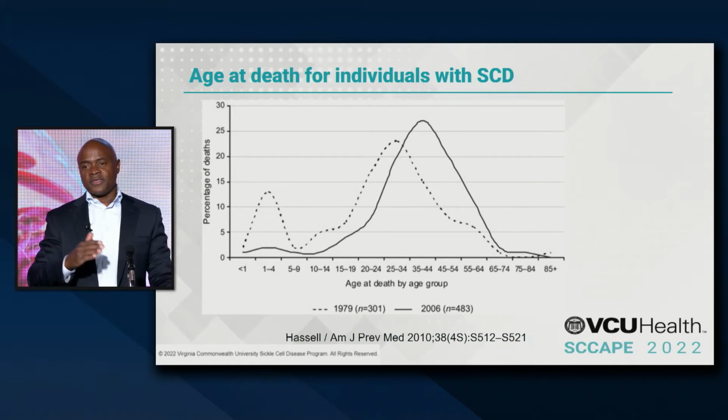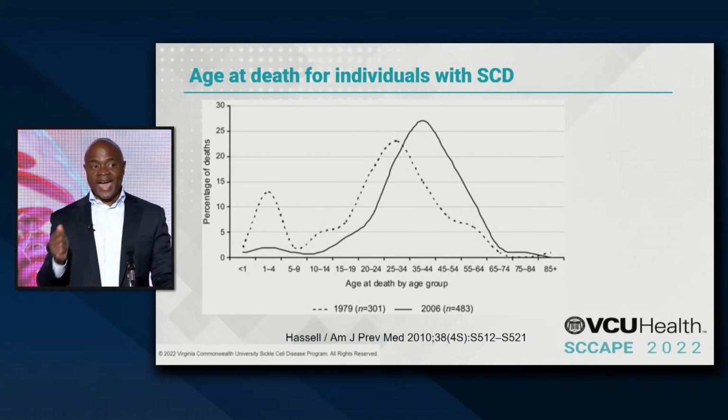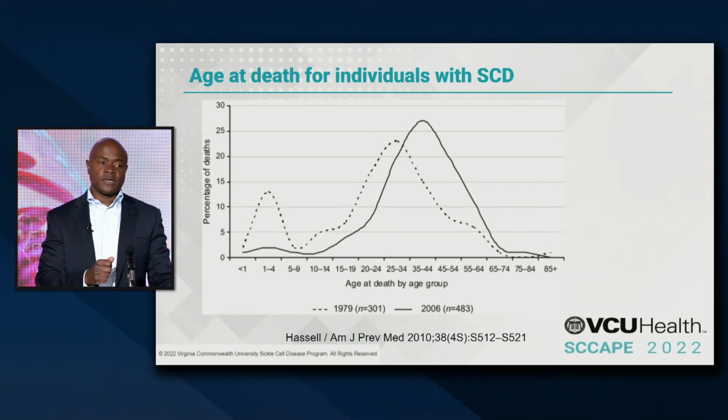But with a better understanding of how to manage sickle cell disease, the pediatricians, one, vaccinate differently. So they vaccinate children with sickle cell disease differently than they do children without sickle cell disease. That has helped to decrease the risk of infection and decrease the mortality associated with it.